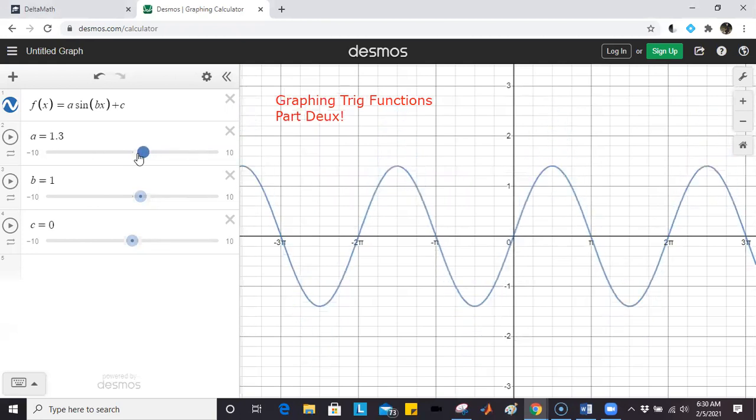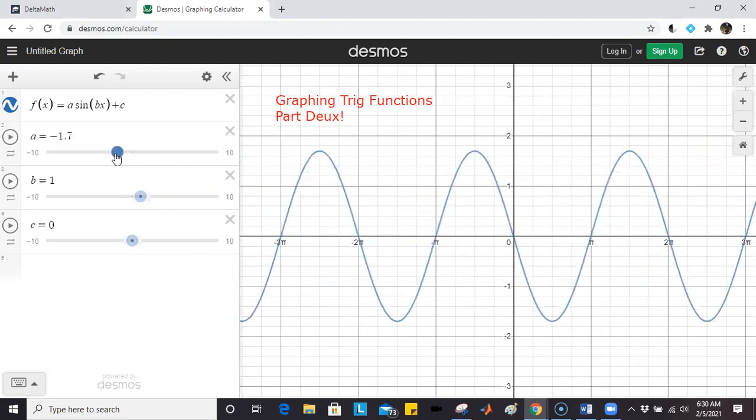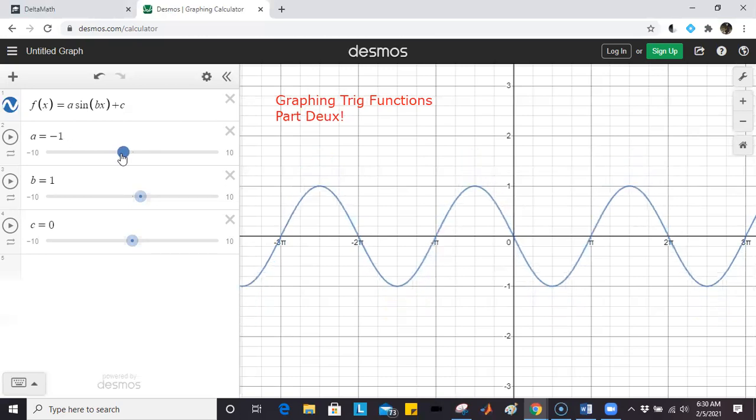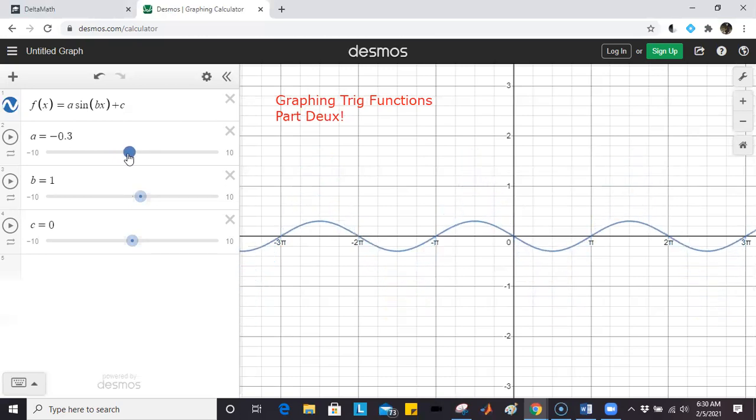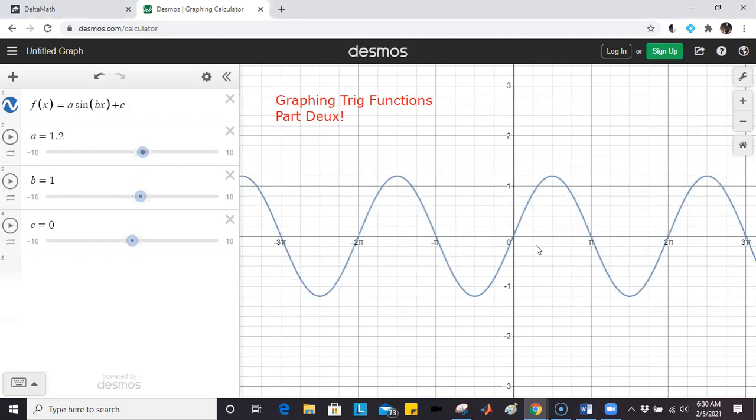So changing the amplitude, making it smaller and larger. Whoa, what happened here? So last time we talked about how we never consider the amplitude to be negative because it's a distance and distances aren't negative. But what is happening when the a value becomes negative? Right now, it's going up like this and down.